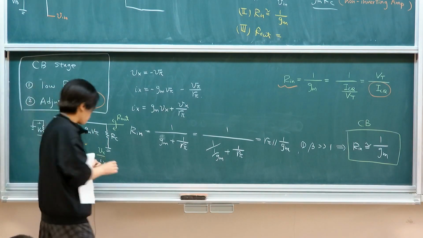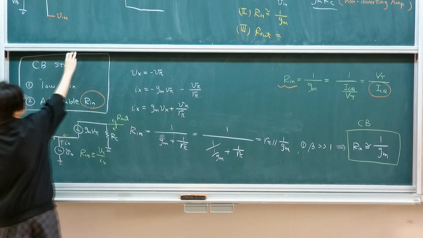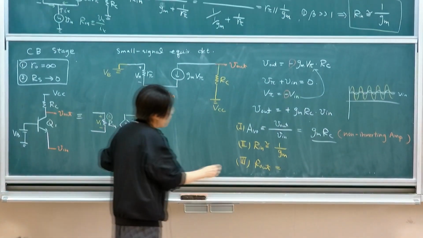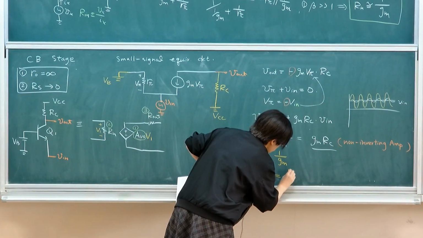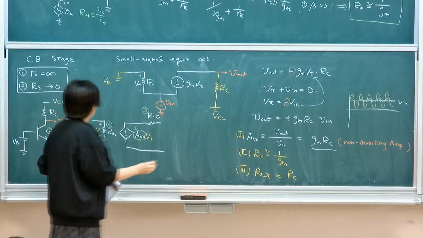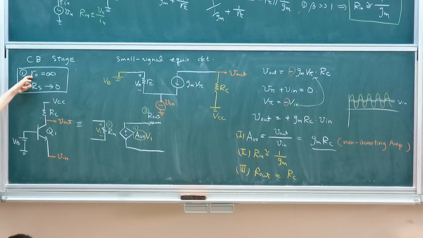Therefore, you only see RC. So you don't actually need to do anything. Just simply looking at the equivalent circuit will tell us that my output resistance is RC. Okay, so remember, we're ignoring early effect, and we're assuming that there's no source resistance effect.